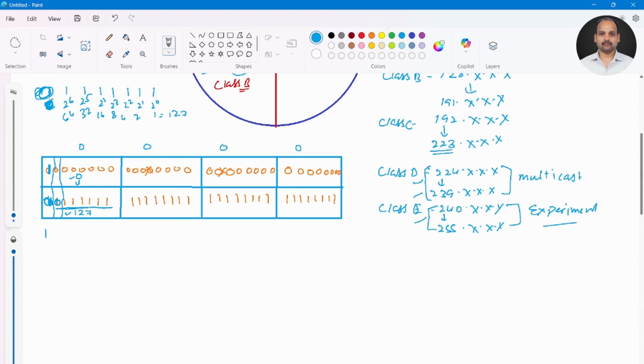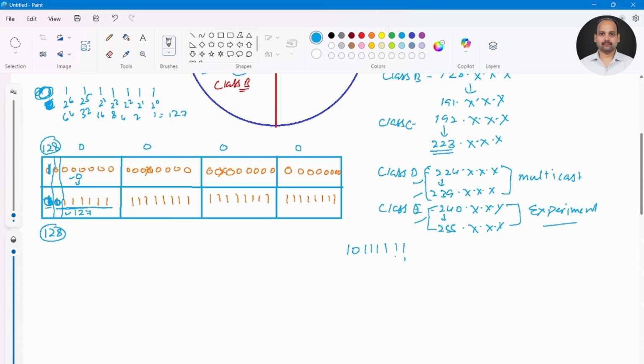So if you see here, that will be the 0, that will be the 1, that will be the 1. So it is going to start from 128, because this range is going to 128. Now I am going to convert this to binary.